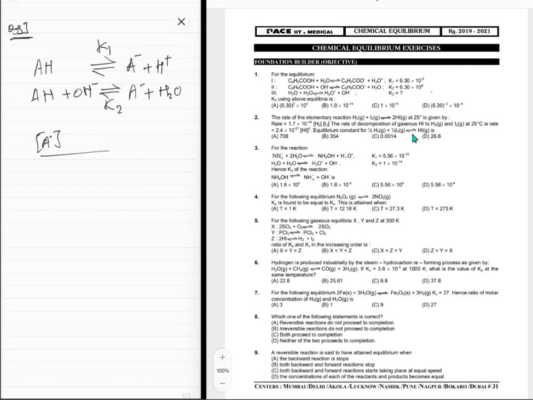In the end, the concentration of H2O is kind of a constant thing, so you don't have to worry. Actually, if they want us to consider the concentration of H2O as well, we'll consider it. So it's H3O plus once again. Then you have concentration of H3O plus, concentration of A minus upon concentration of AH, concentration of H2O.